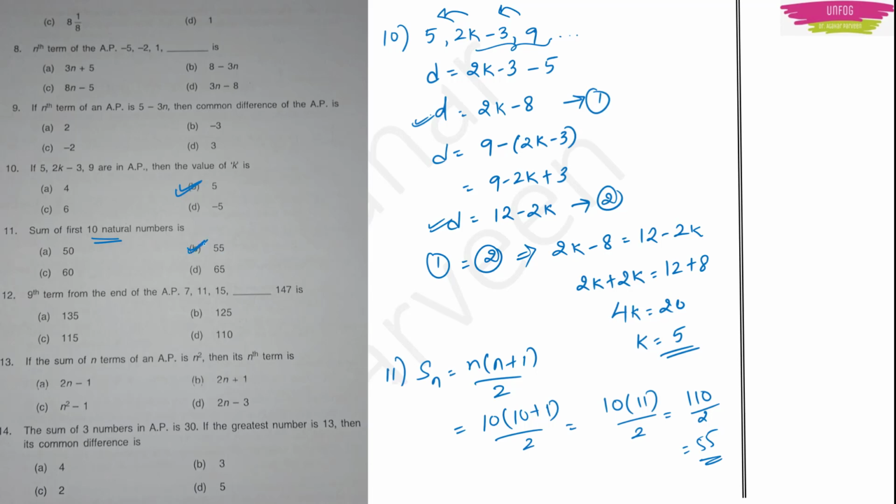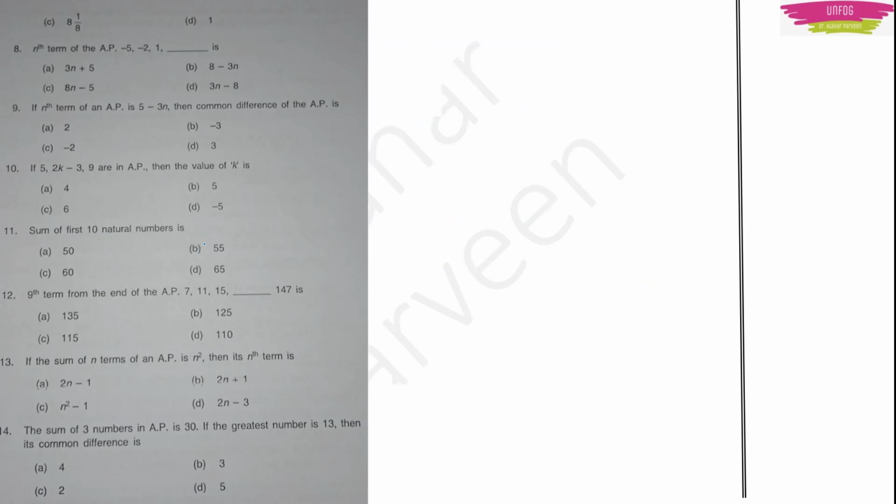Okay, moving on. Question number 12. Ninth term from the end of the AP 7, 11, 15 till 147 is. See, this is the arithmetic progression given.